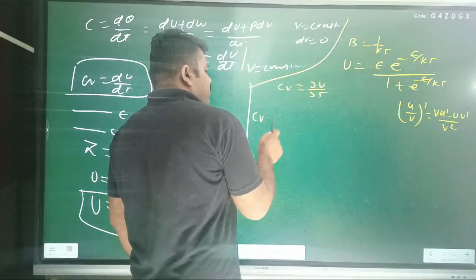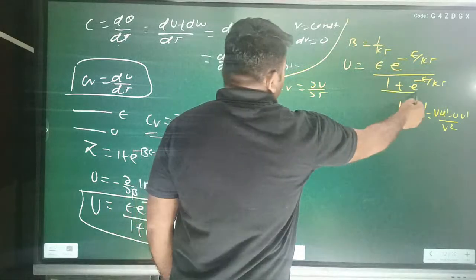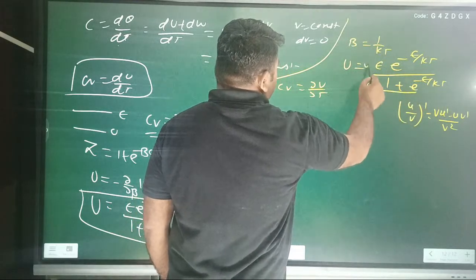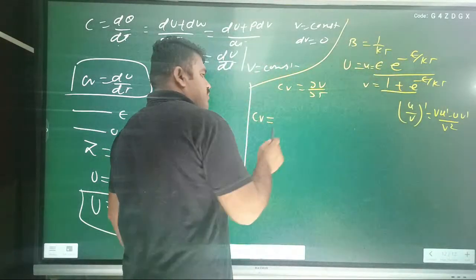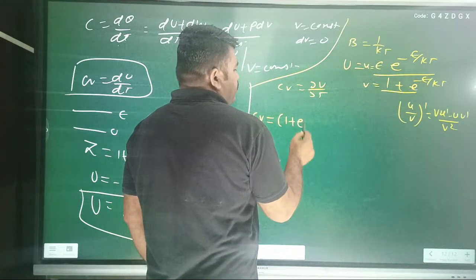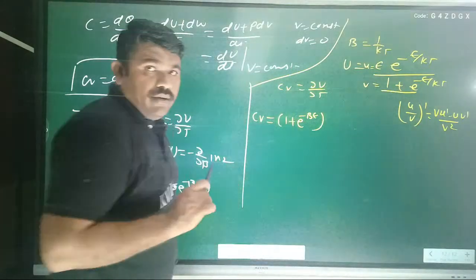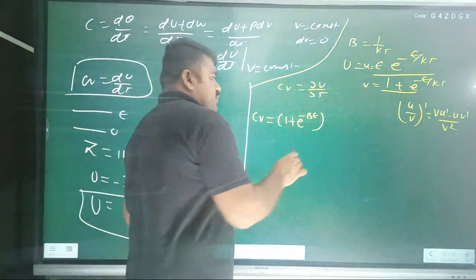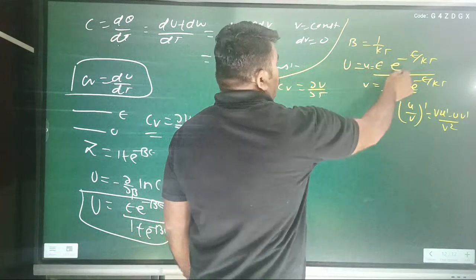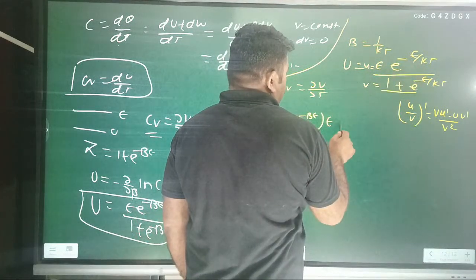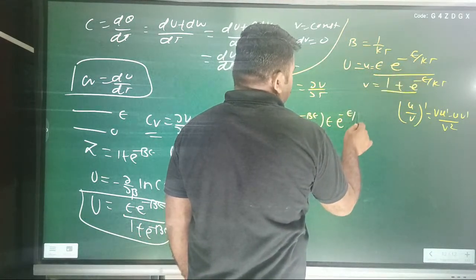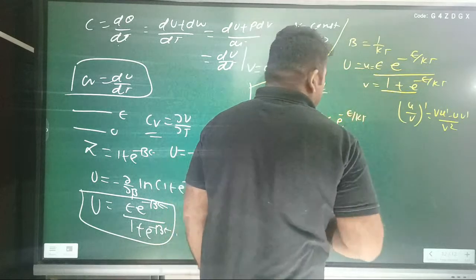थोड़ा सा properly solve करिए. Now this considered as v, this considered as u, means v, 1 plus e to the power minus beta epsilon, into derivative of u. Derivative of u: epsilon is constant, write down as it is. e to the power minus beta epsilon kT is e to the power minus epsilon upon kT into derivative of this one.